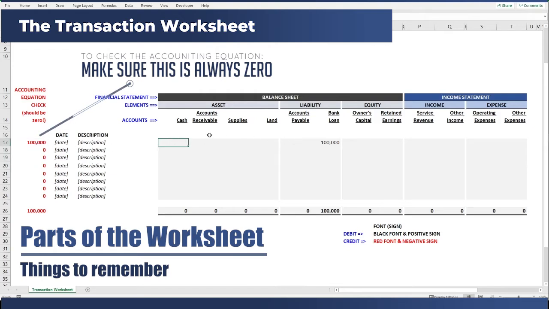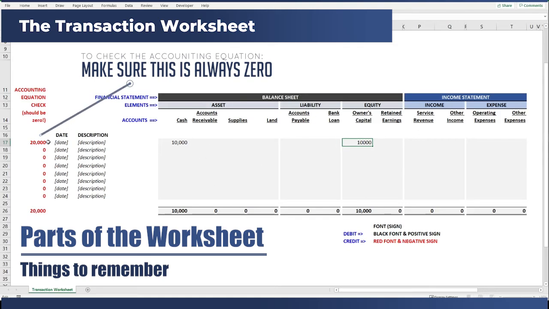For example, if you determine that you have to receive 10,000 of cash from your owner, which is supposed to be a credit, but you know that, as we discussed before, a credit should be a negative sign, but you forgot to put in a negative sign, now your accounting equation or your balance sheet is not balancing because you have two debits.